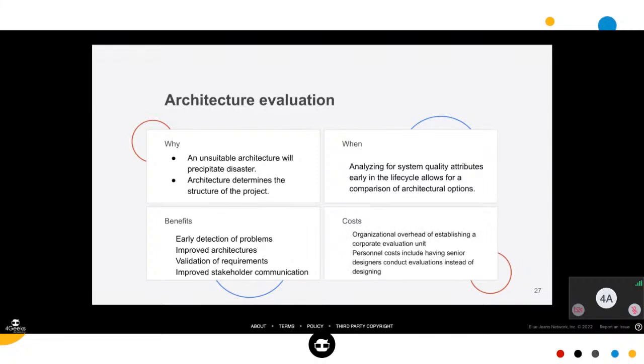And finally, I put the cost, because it is a cost, right? We need to involve some senior people from our company in this software architecture evaluation.